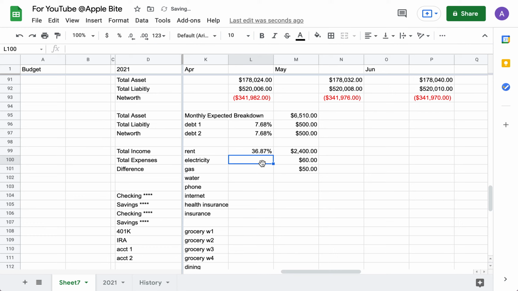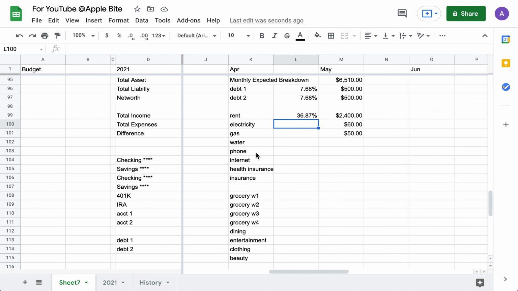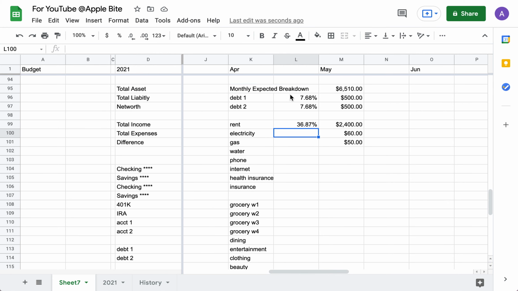Or alternatively, how you could use this is write down the actual percentage you want to spend on each category and then calculate the total based on your actual income. So it's very flexible. The chart here is very flexible and it can serve many purposes.